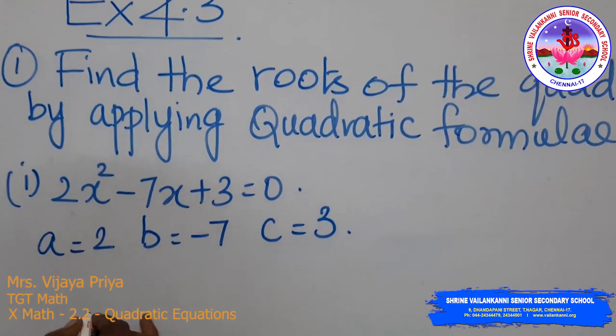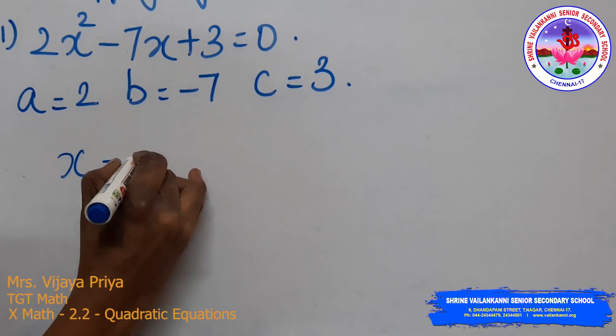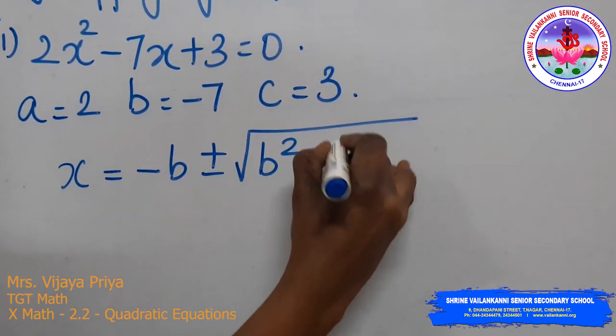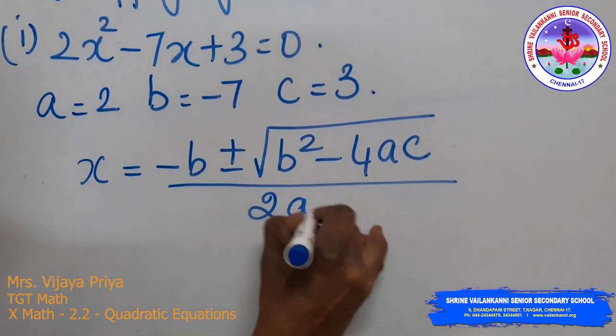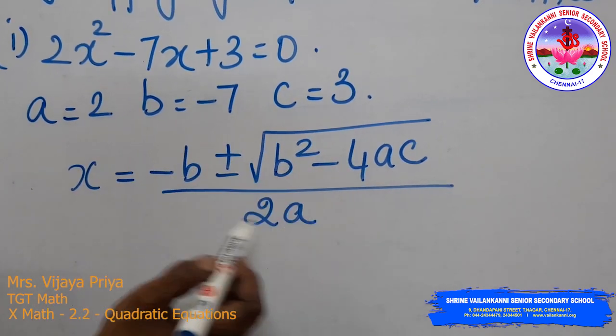Now coming to the problem, by the quadratic formula method, x is equal to minus b plus or minus square root of b squared minus 4ac by 2a. So we are going to put the values for a, b, c in this formula.